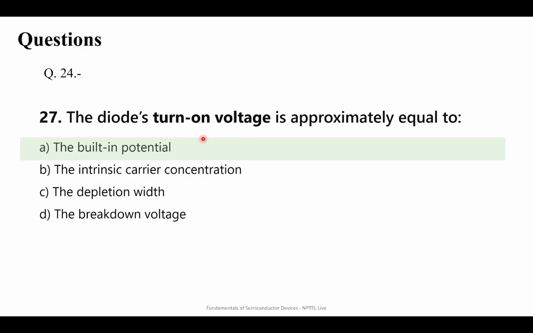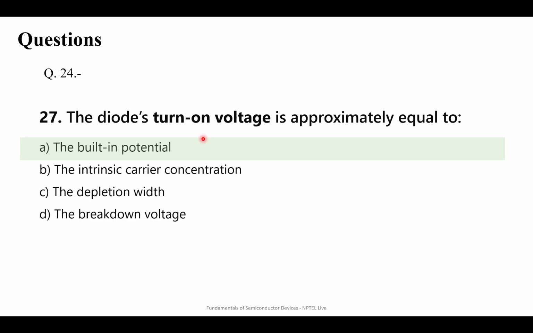When you apply a voltage, the effective potential is given as VBI minus VA, where VA is your applied potential. So when you apply a potential that is almost equal to your built-in potential, you can consider that your depletion width disappears.